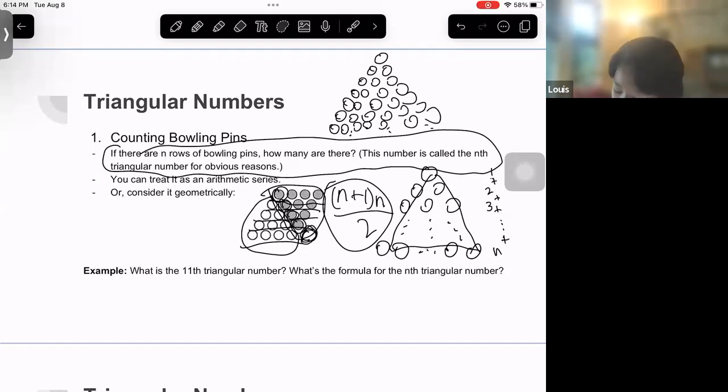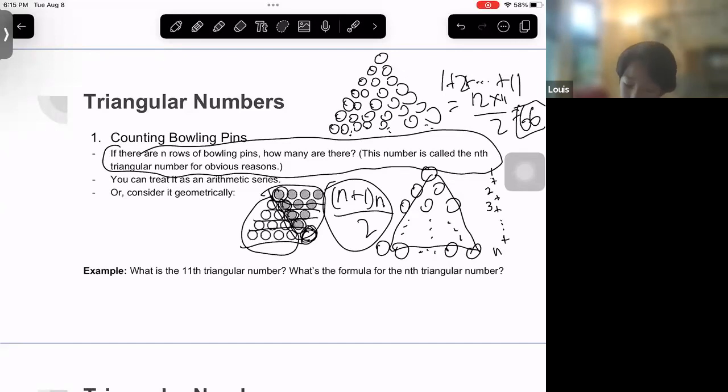So it's just an arithmetic sequence, 1 plus 2 plus all the way up to plus 11, which is just the sum of the first and last terms times the number of terms over 2. So it's just 12 times 11 over 2, or 66.